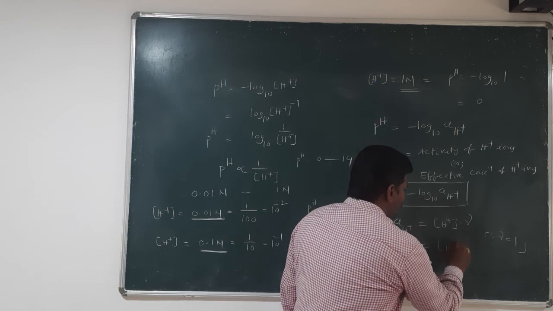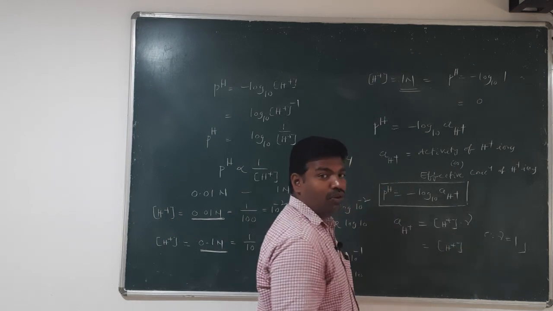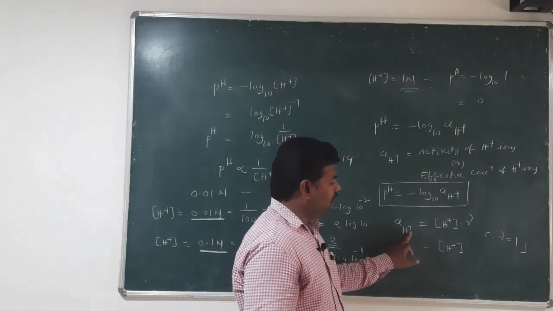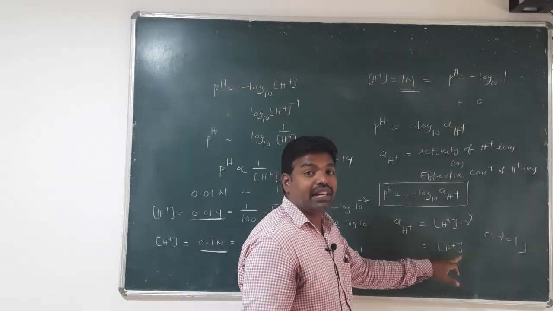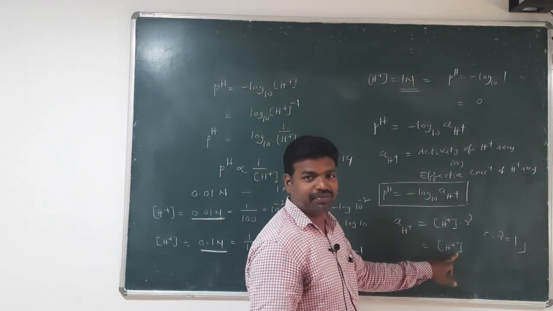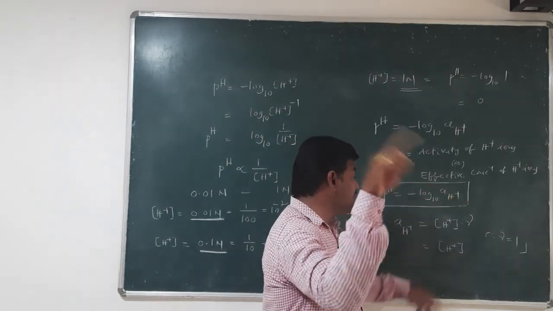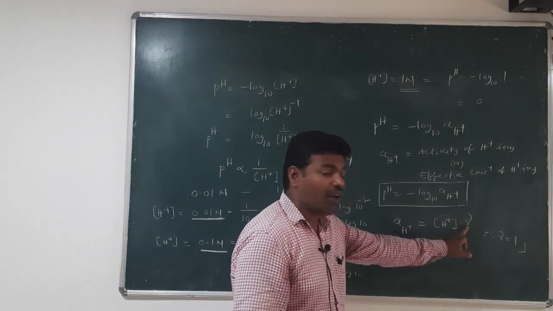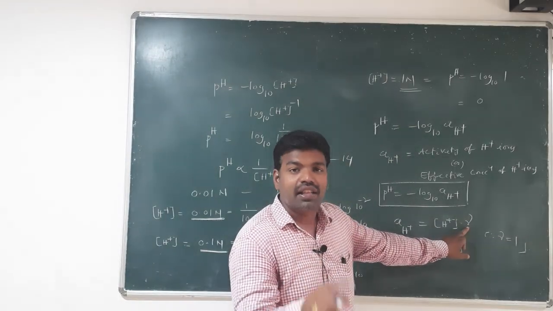Therefore, for dilute solutions, the activity of H plus is equal to the concentration of H plus ions. But in the case of concentrated solutions, this activity coefficient gets smaller than 1.